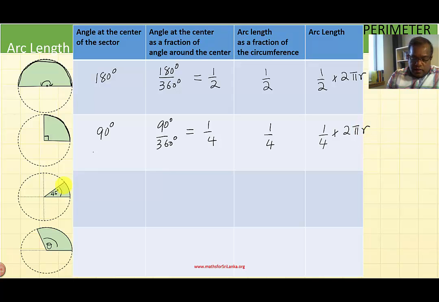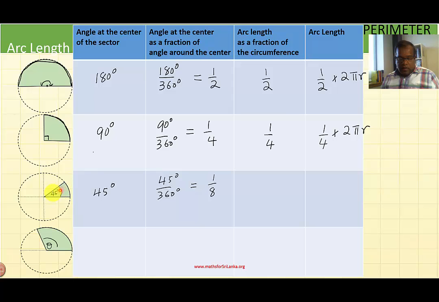Now in this one you can see the angle at the center is 45 degrees. So the angle at the center over the angle around the center, 360, is clearly 45 over 360, which is equal to 1/8. Now if you look at the figure, the arc length is equal to 1/8 of the circumference.